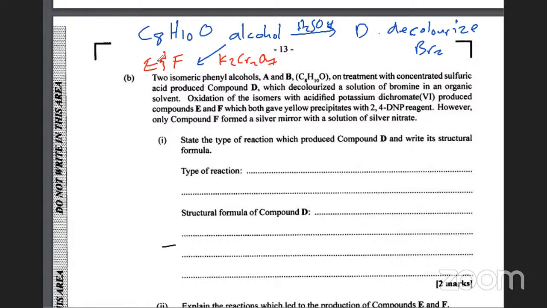So both E and F react with Brady's reagent. However, compound F formed a silver mirror with a solution of silver nitrate, so compound F reacted with Tollens' reagent.